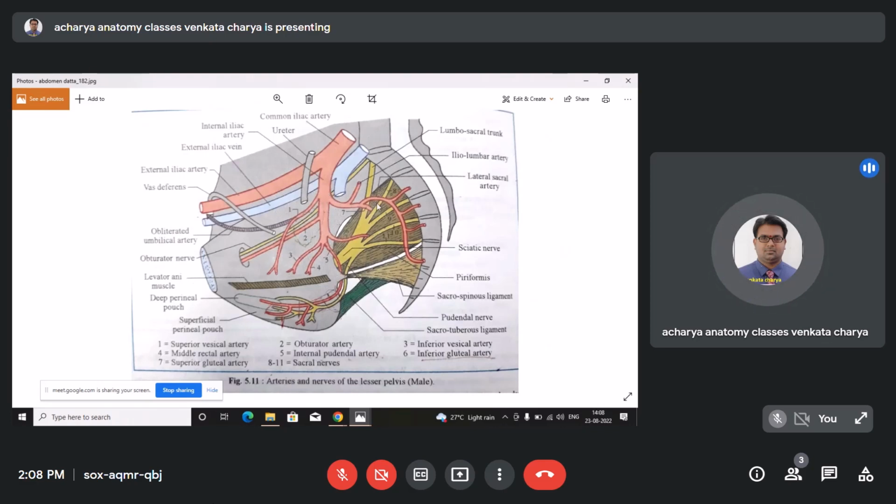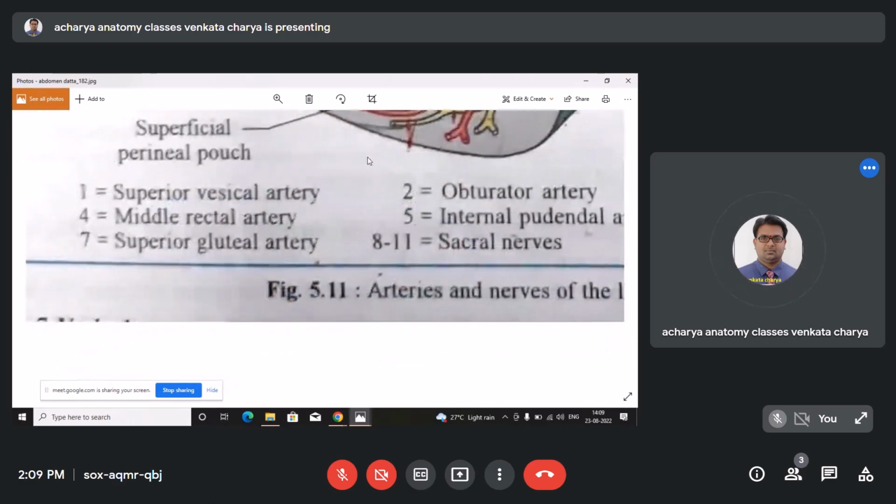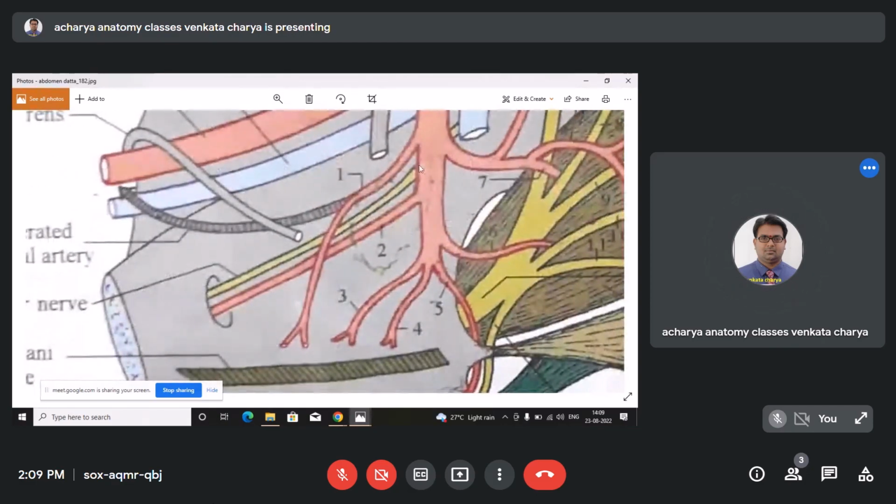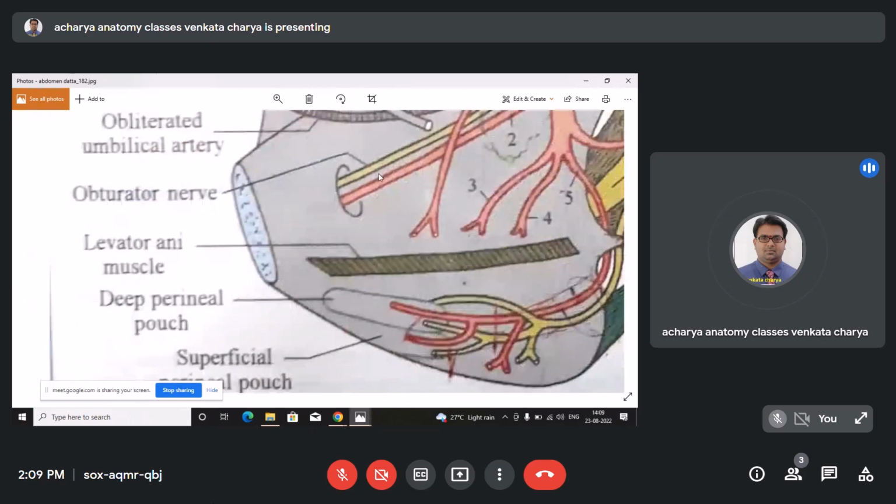Now we discuss the anterior division branches. The anterior division gives: number one, superior vesical artery. Number two, obturator artery.